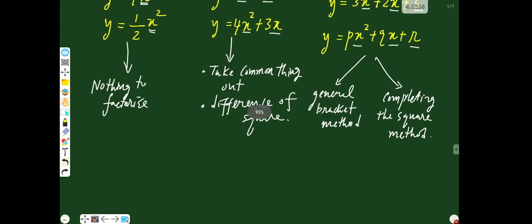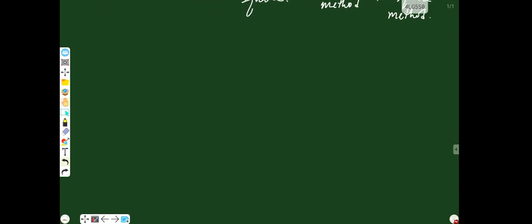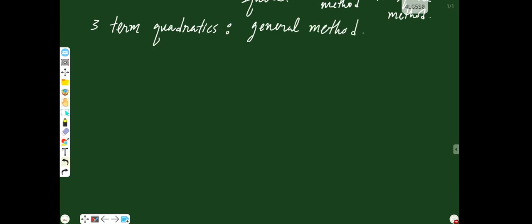So we are discussing three-term quadratics, and inside that, the general method. Now we will take an example and try to understand this.